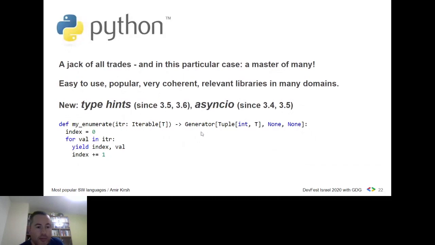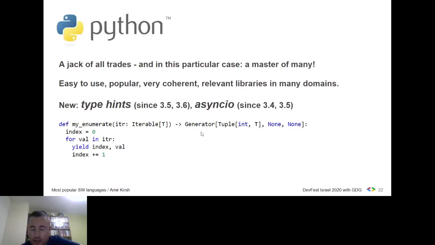And then your program is more documented, and Pylint can check that people are calling your function properly. And these are things that were added in the past years and are used. There are async IO libraries and abilities in the language, and the language is going forward.